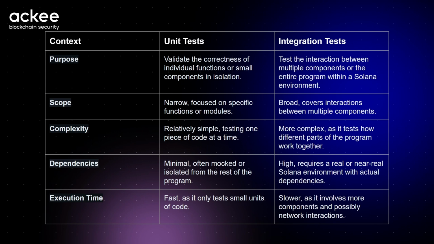For example, for the purpose, which I think is the most basic difference between unit tests and integration tests, the goal of unit tests is to validate the correctness of individual functions or small components in isolation.